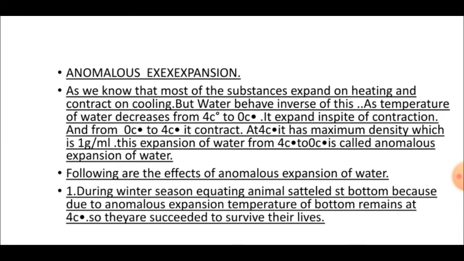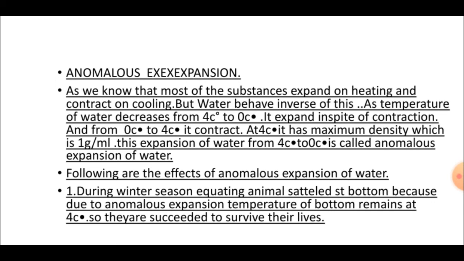Now the next topic is anomalous thermal expansion. As we know, most substances expand on heating and contract on cooling, but water behaves inversely. As the temperature of water decreases from 4 degree to 0 degree centigrade, it expands in spite of contraction.